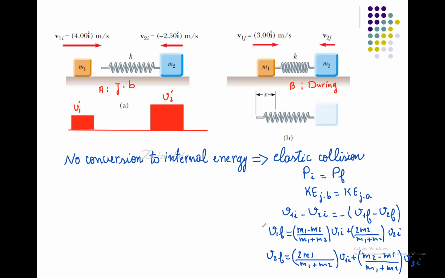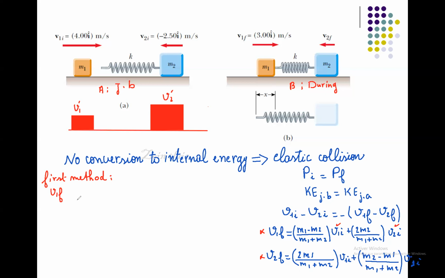If I take this one, I have V1 initial and V2 initial, so I can calculate V1 final. Also, with this one, I can calculate V2 final. So let's take the first method. I take this one and this one.